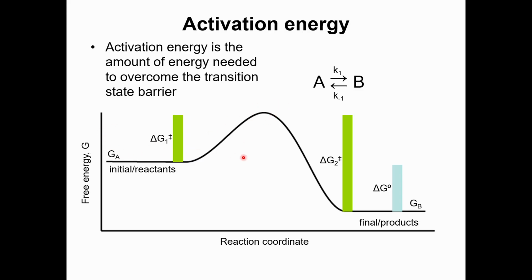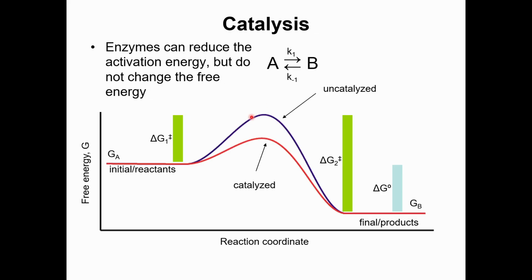So even though this is a favorable reaction in terms of comparing the free energy of the reactants and the products, it may go very slowly because this energetic hill you have to get over can be substantial. And so enzymes reduce that energy, and now it might become favorable, and this reaction might go 1,000 times faster with the enzyme being involved.